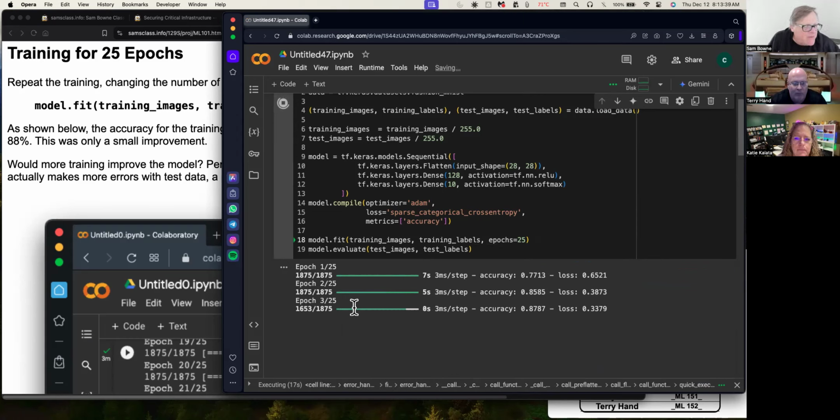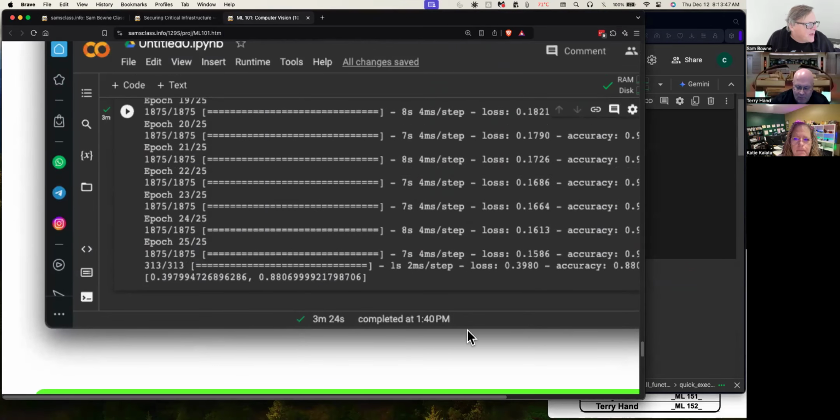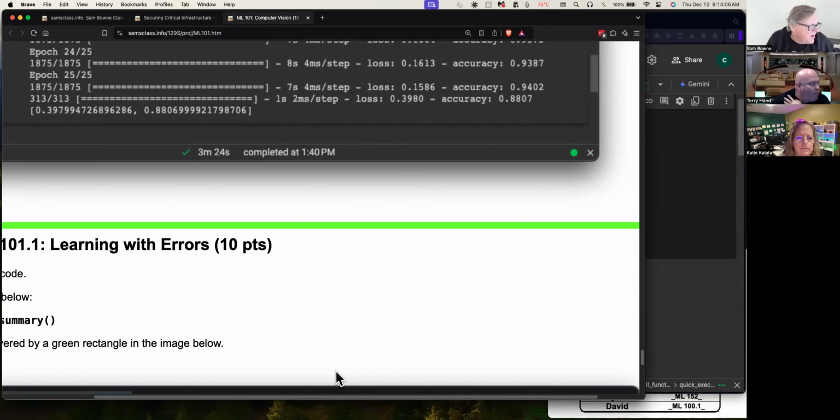So maybe 2 or 3 minutes it'll take to do 25. And I'll just go ahead and look at the answer here. The answer is, of course, it ends up being more accurate on the training set, but less accurate on the test set. That's overtraining. It's now fitting the noise, the specific details of those training images, and it's not getting any better at fitting the test images. So that's overtraining.